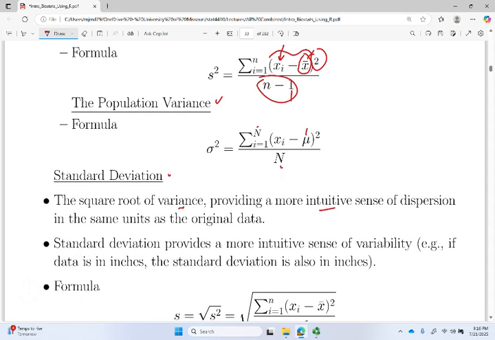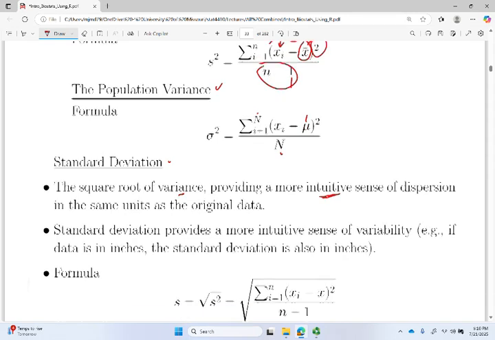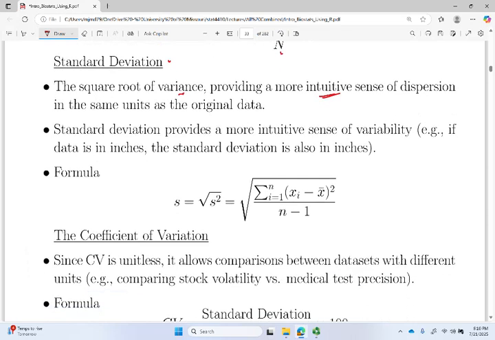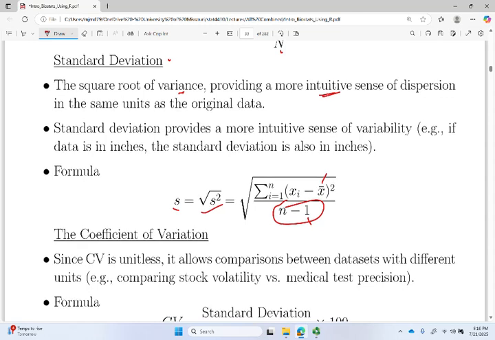So if we take the square root of the variance, then the units become something that we understand better, I think. So it's more intuitive. And so the standard deviation is the square root of the variance. So this is the sample variance here. And again, we're adjusting for bias. And so the minus 1 is because we had to estimate that parameter.